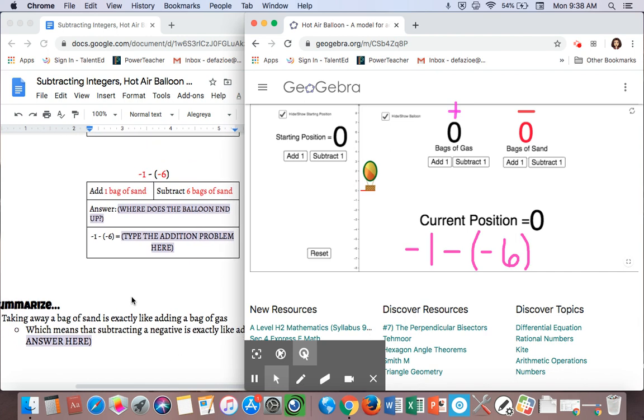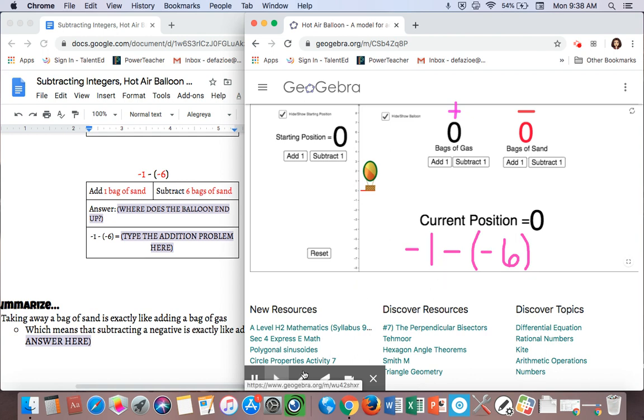If you're looking, hopefully, at your guided notes, I did write that in already for us because I'm looking at this and I'm seeing a lot of negative signs. So I have to make sure I keep them all straight. First, I'm looking at this negative 1 here. Remember, negative numbers are bags of sand. So I'm adding 1 bag of sand because this is a negative 1.